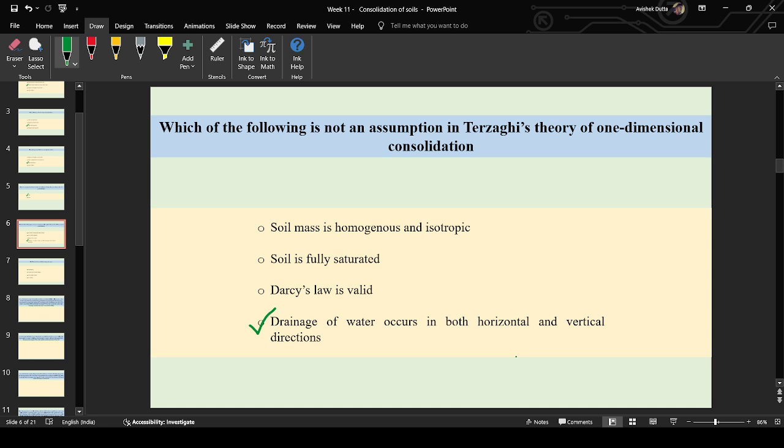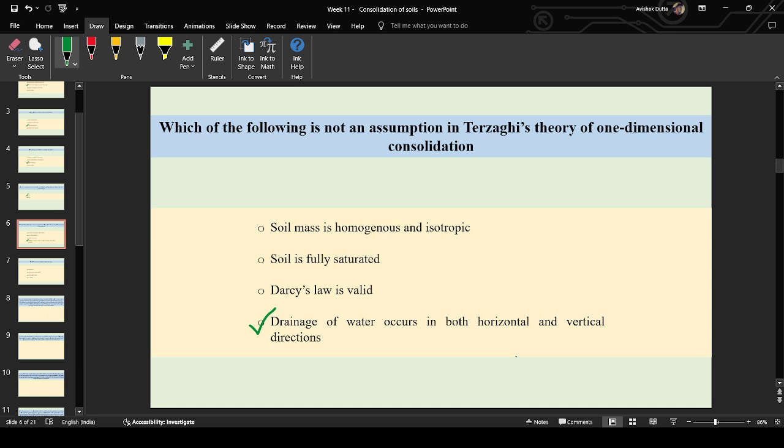Yes. If we try to consolidate a soil sample by applying load in the horizontal direction, then according to Terzaghi's theory, the drainage of water will occur in the horizontal direction, in the direction of the applied load. In general, for any geomaterial, the major principal stress is vertical and the minor one is horizontal, so the applied pressure is always vertical.